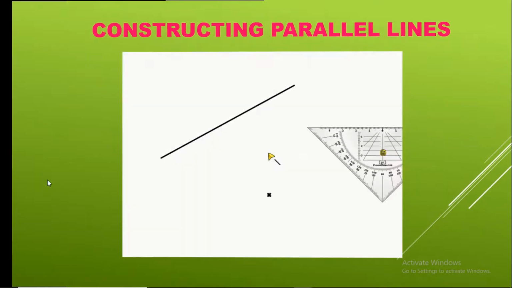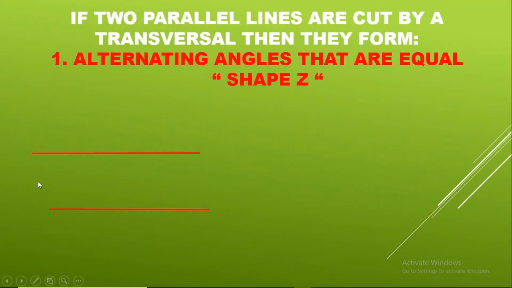Now let's learn more about lines and angles. If we have two parallel lines that are cut by a transversal, the straight line that cuts two parallel lines is said to be a transversal. In this case, we can have alternating angles that are equal to each other. What's the meaning of alternating angles and how to get them?